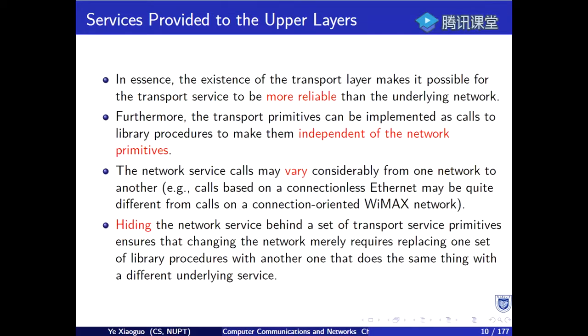In a sense, the existence of the transport layer makes it possible for the transport service to be more reliable than the underlying network. Furthermore, the transport primitives can be implemented as calls to library procedures to make them independent of network primitives.